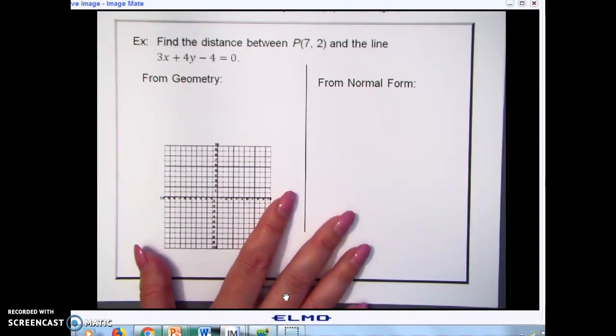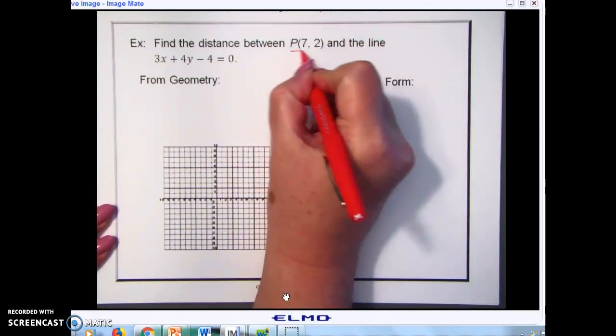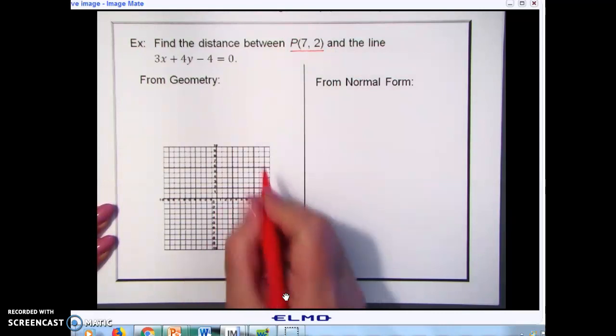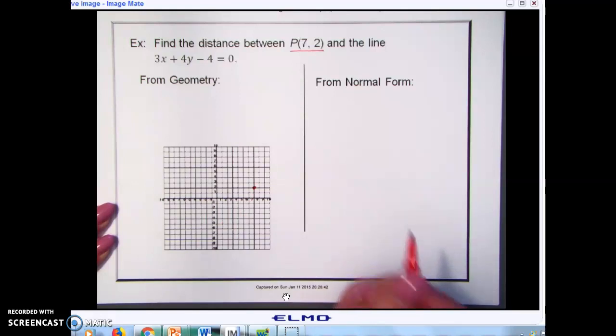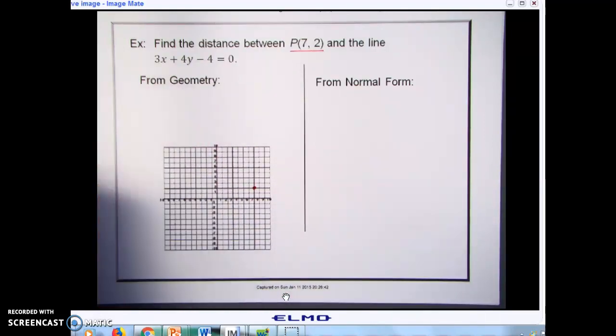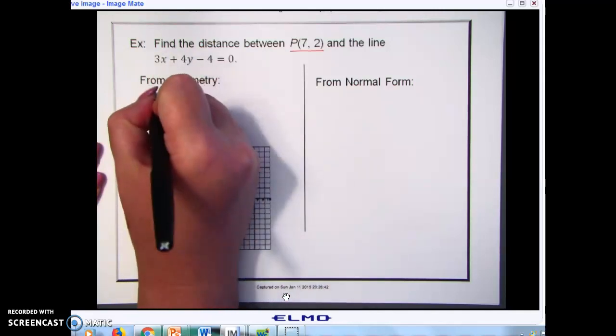So in geometry, we talked about the distance from a point to a line, so let's see what that looks like. The point that we're talking about here is P at 7, 2. So that would be this point right here. And if we put this line into slope-intercept form, we would be solving for y.